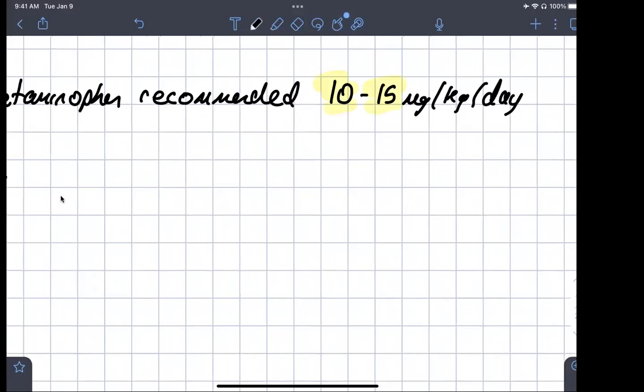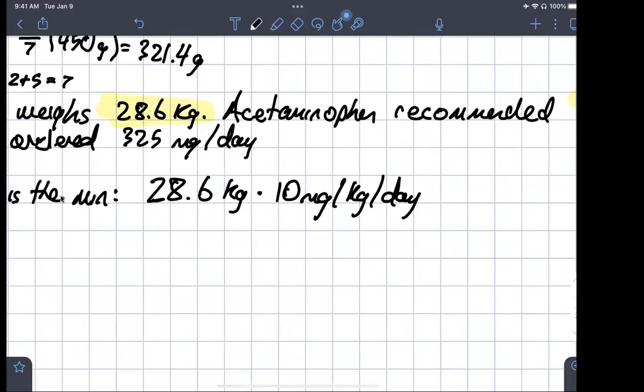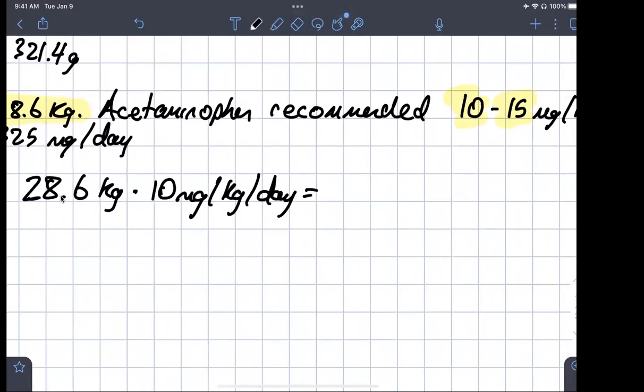So which one is the lowest one of those numbers? It's 10. So we will take 10 mg per kg per day, and we multiply. Because for each kilo they will get 10 milligrams, and they don't weigh just one, they weigh 28.6. So when you do that, kgs cancels, and you will get 286 mgs per day.